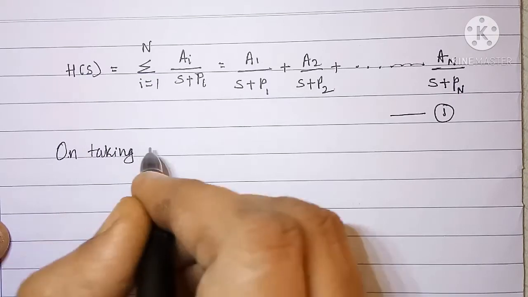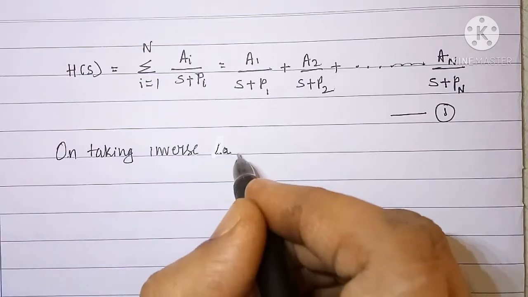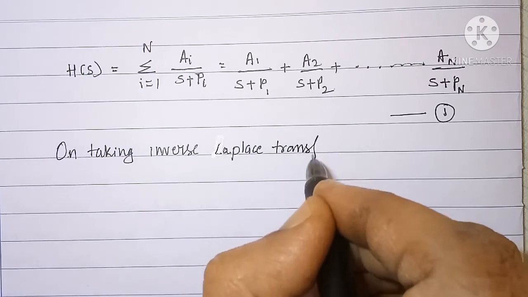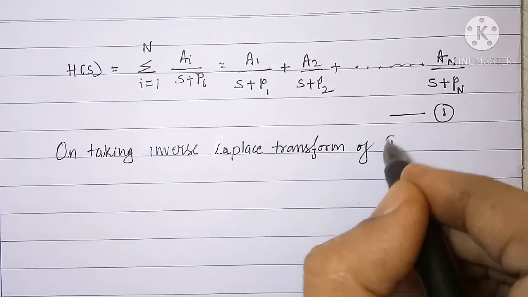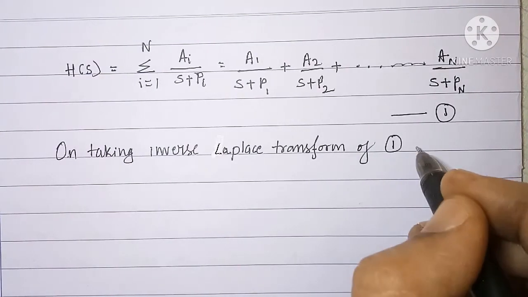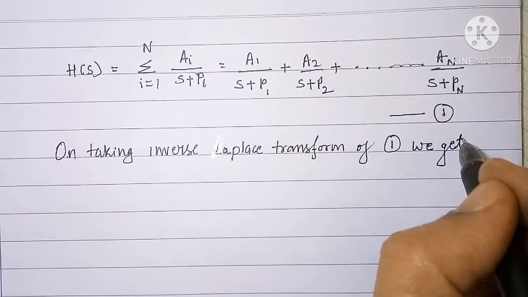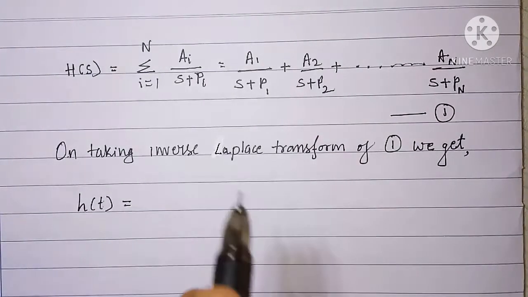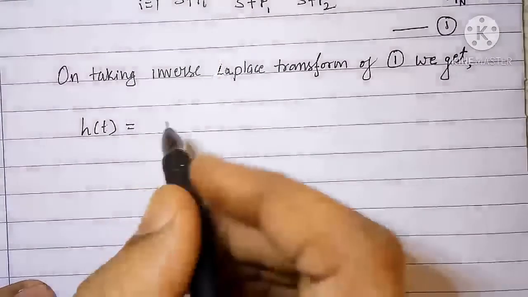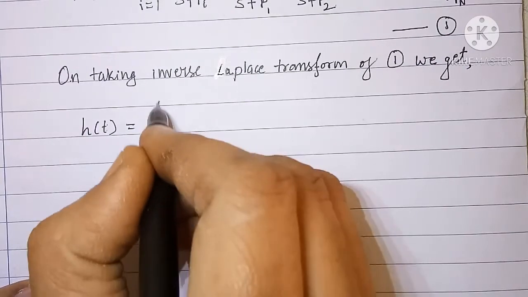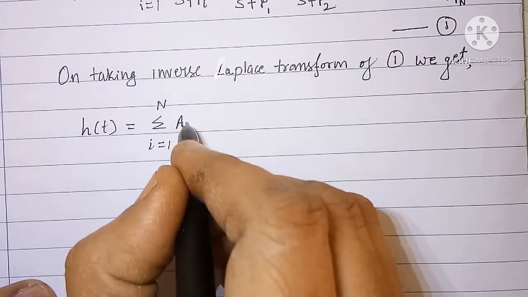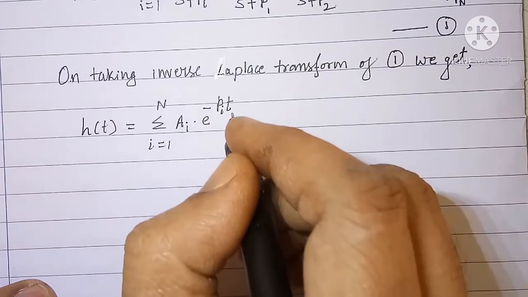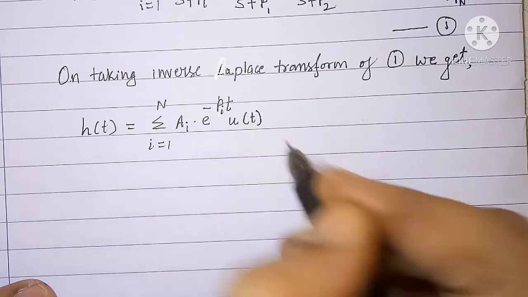On taking inverse Laplace transform of equation 1, we get h of t equal to summation i equal to 1 to n ai into e raised to minus pi t into u of t.